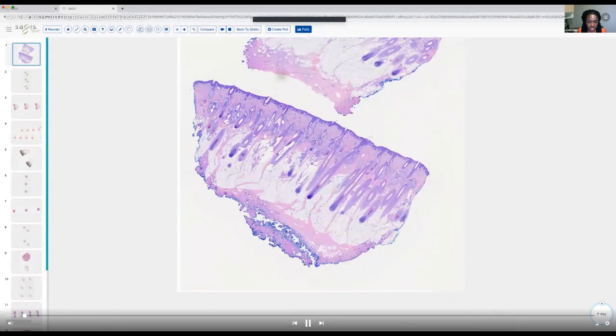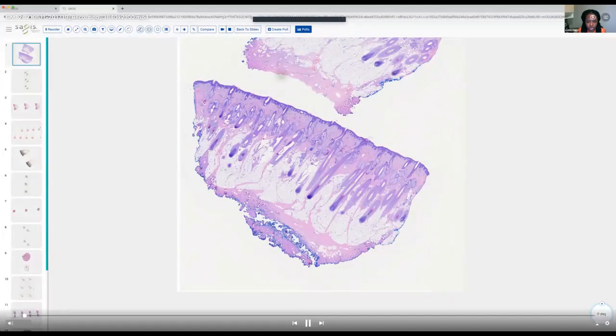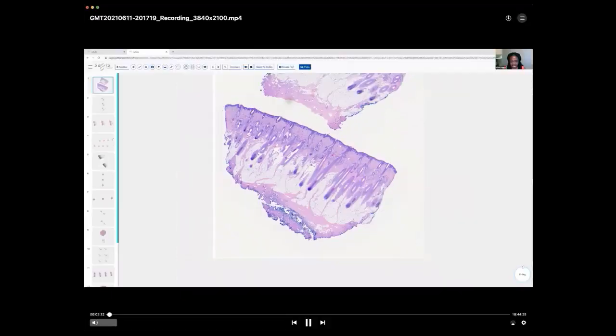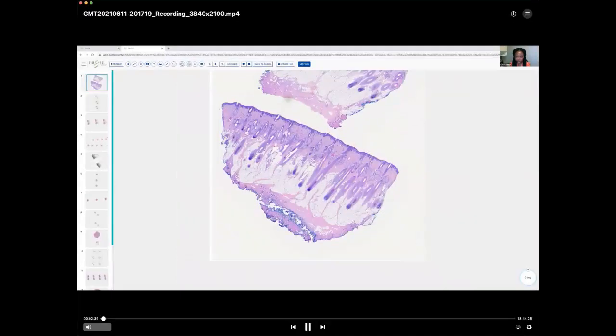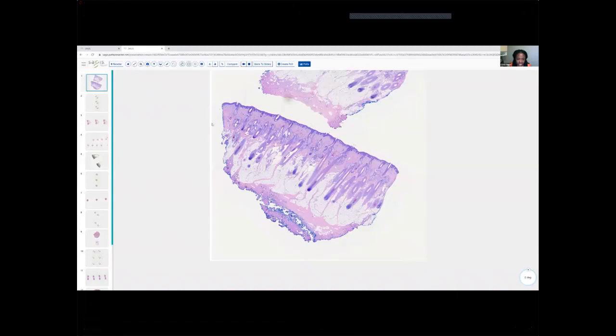The scalp typically has this rugated epidermis, and we know that the scalp has this textured feeling compared to other areas of skin. What's striking, of course, is that the scalp is chock-a-block full of pilosebaceous units.